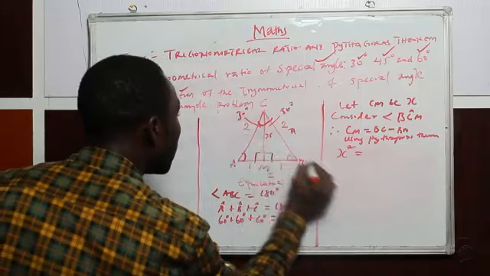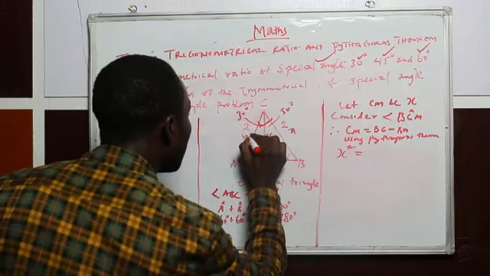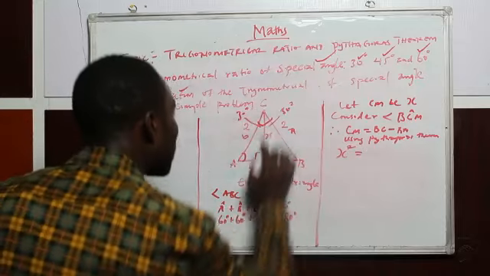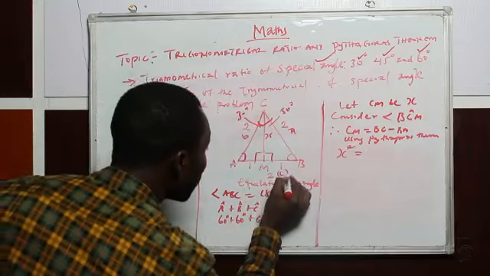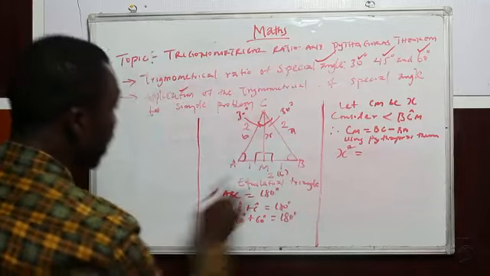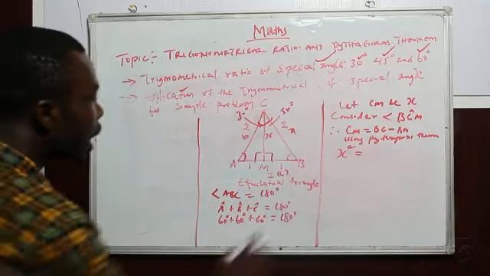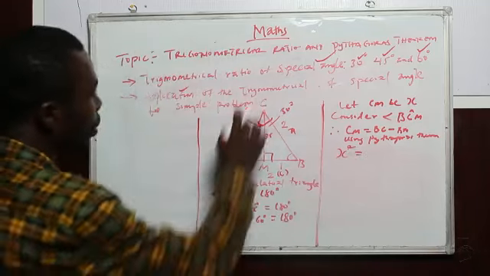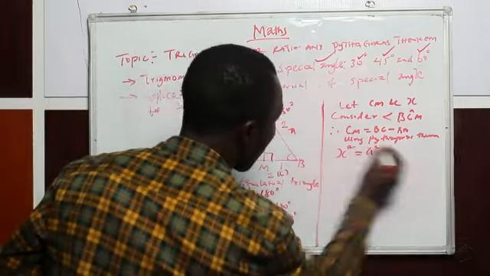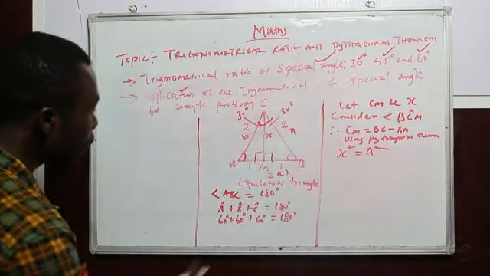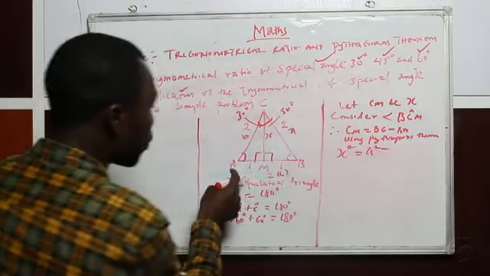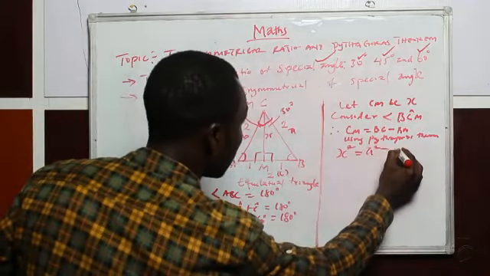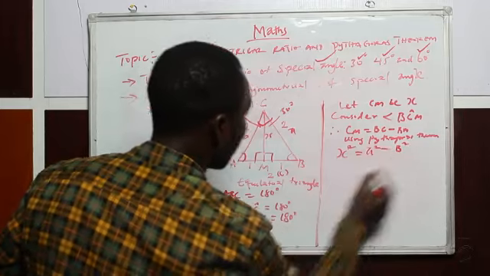Our AC is designated with B because angle B is facing this side. Our C is designated with small letter c because it's the side, but this is the angle. Therefore, x squared is equal to a squared minus BM squared.